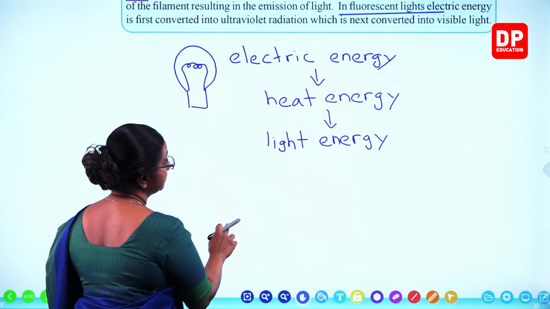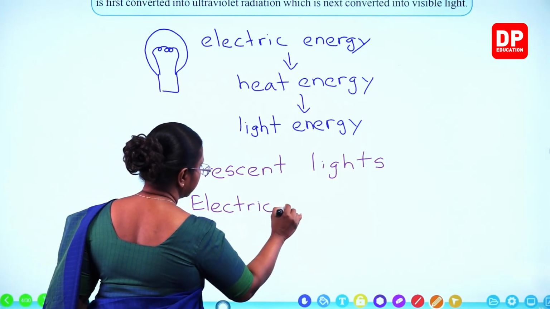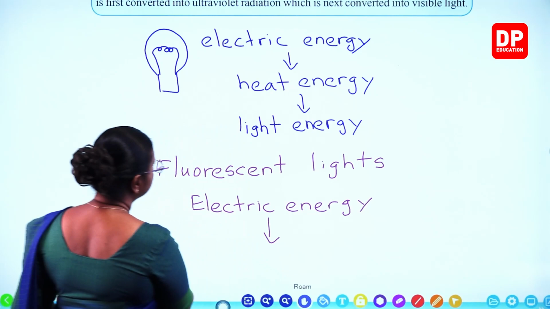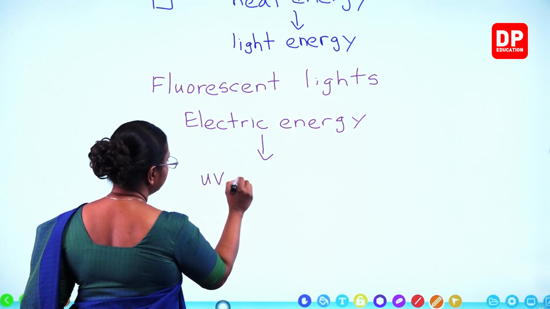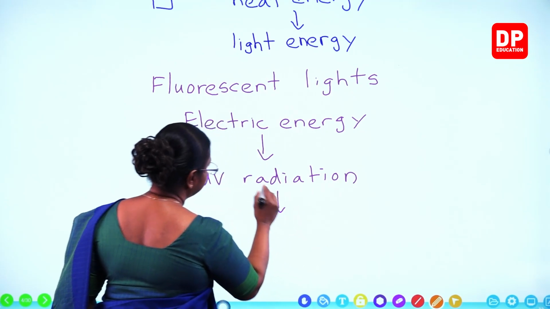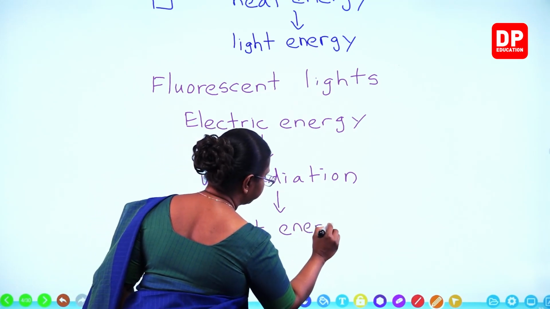So in fluorescent bulbs or fluorescent lights, we can say, what is the energy conversion? Now there is electric energy, that is converted to UV radiation, and then the UV radiation is converted to light energy.